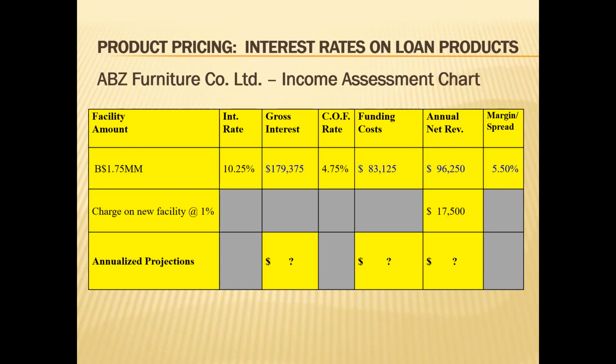The first column for gross interest. 179,375. Correct. And then funding costs will of course be 83,125. Okay. And what is your annual net revenue amount?